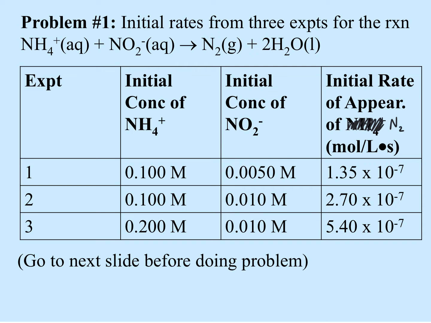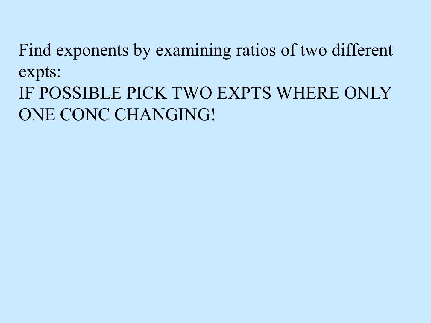As you learned earlier, the reaction rate is defined as moles over liters seconds, or molarity per second. So we use this information from the table to help us determine what an appropriate rate law would be for this reaction. So it's very important that we look at the ratios of 2 different experiments, and this is a very important point: you want to pick 2 experiments where only one concentration is changing at a time.